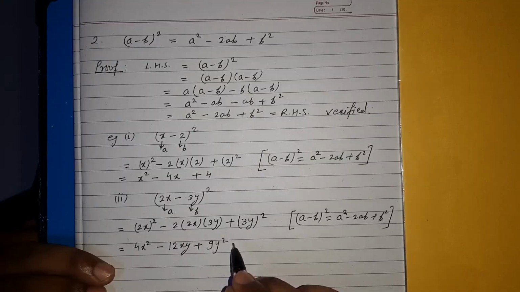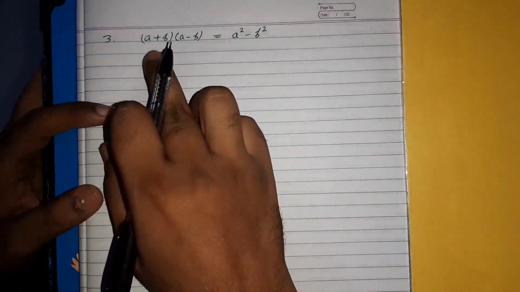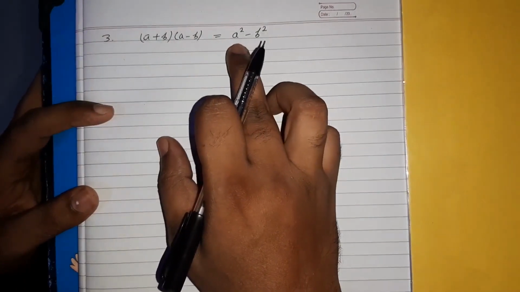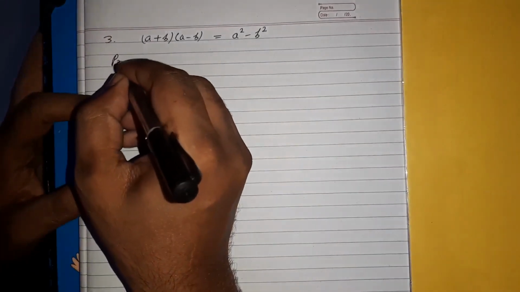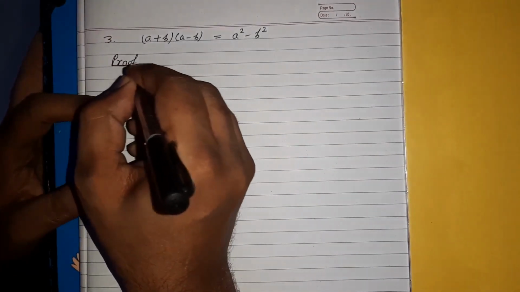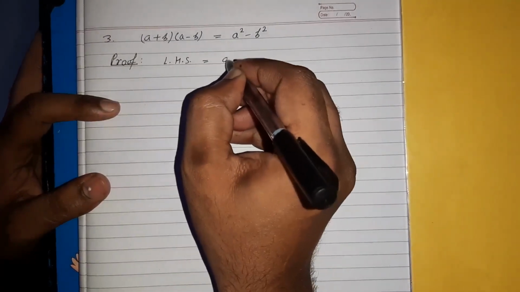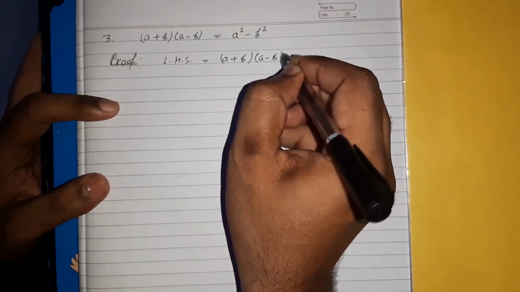Okay, the third algebraic identity is (a plus b) multiplied by (a minus b), and it is equal to a square minus b square. Okay, the proof of this identity. LHS part, it is (a plus b) multiplied by (a minus b).